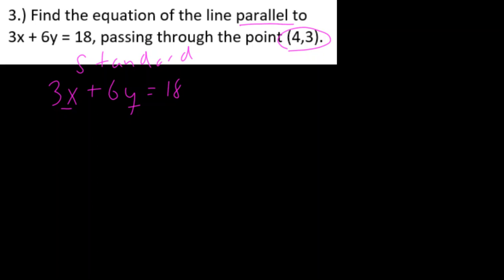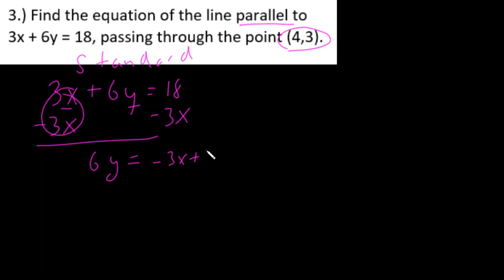So what would we get rid of first, the 3x or the 6? And hopefully by this point you would say, you know what, we're going to move our x term first. We will subtract 3x from both sides. Of course, that zeroes out, and I have 6y is equal to negative 3x plus 18. Well, how will we get rid of the 6?